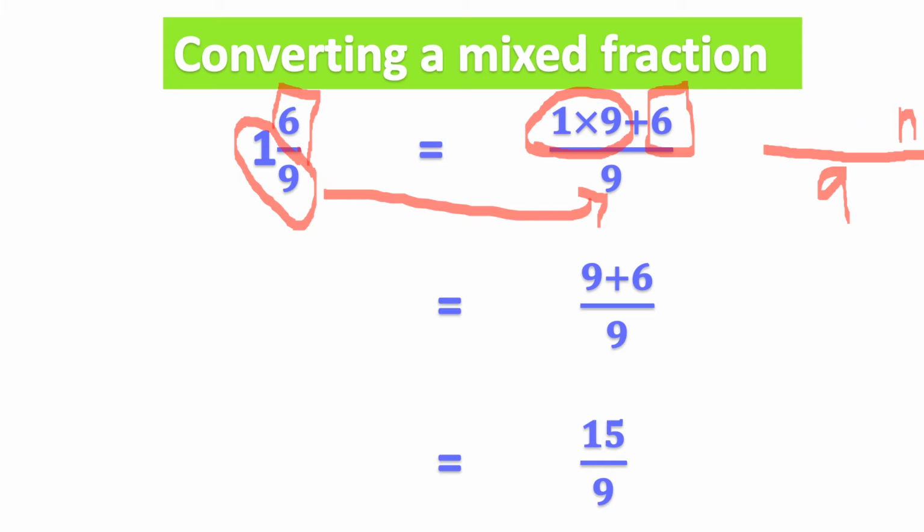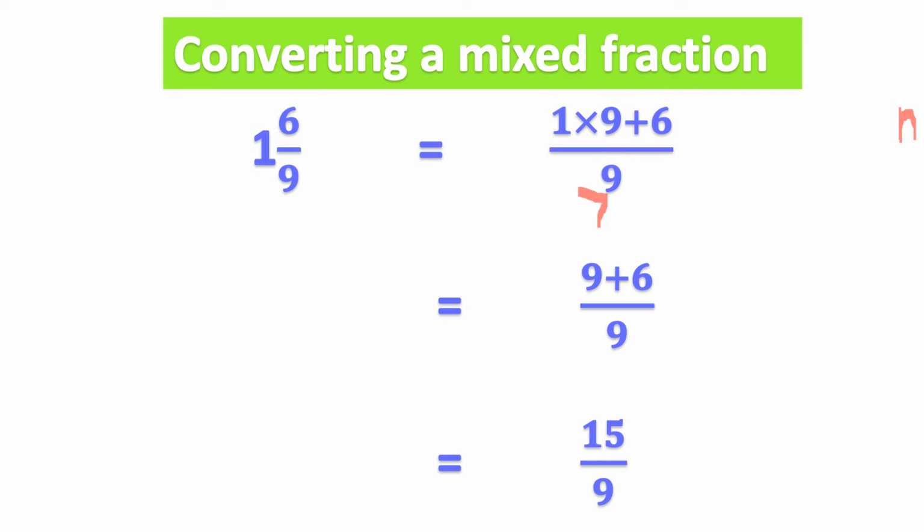So you can see here, 1 into 9 plus 6. So now multiplication first. 9 into 1, 9. Plus 6 itself. 9 plus 6 is 15 by 9, right? So 1 6 by 9 is actually 15 by 9.